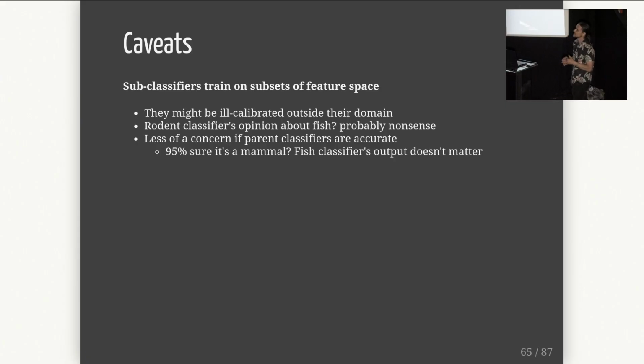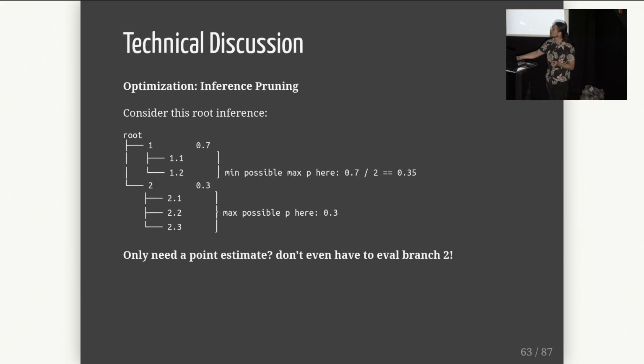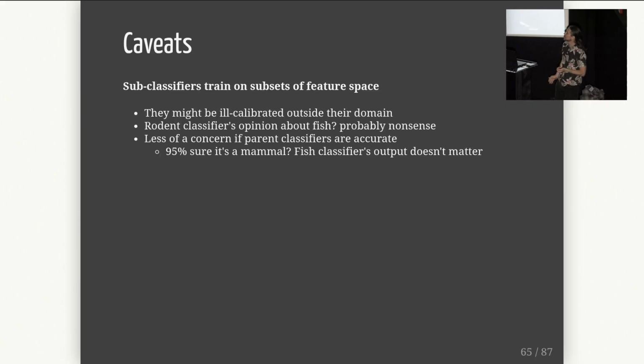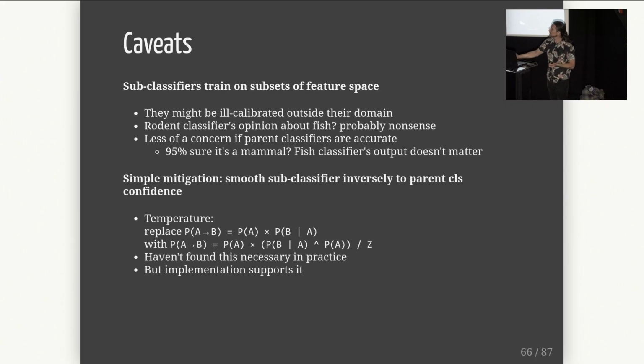So there's some hand waving here, but basically if your root classifier is really good and it puts a lot of probability mass on the right branch, then this is not a huge problem, because it doesn't really matter what the subclassifier says. Again, with this pruning example, there's only so much probability that could go on any of the branches under 2. So that's kind of my hand waving, but I did come up with an elegant solution to this.